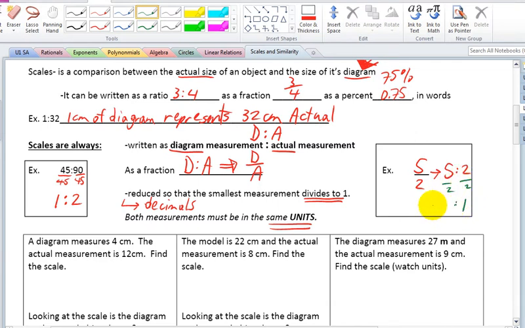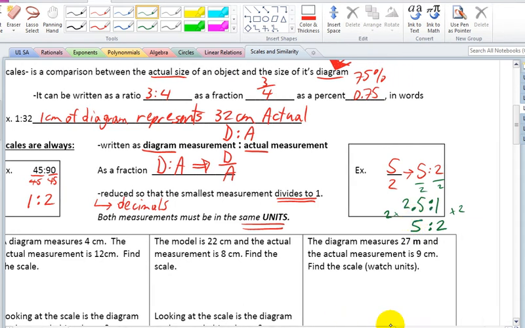So this becomes 1 to 2.5. Now sometimes they don't like that, sometimes they don't mind. Because of the decimal, they don't like decimals in ratios, just like we don't like decimals in fractions. So we'd actually multiply both of these by 2, and then we would have 2 to 5, or 5 to 2, sorry. Now there's going to be no decimals.